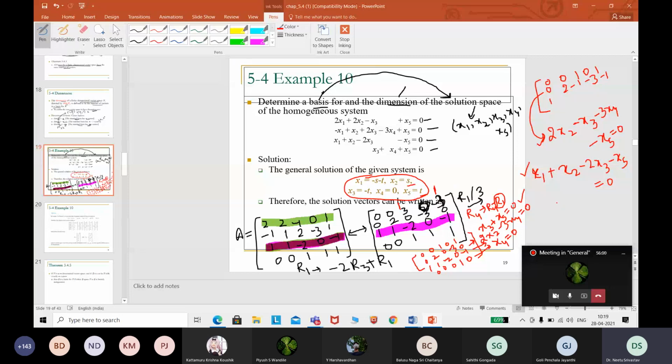You see, if I am taking x5 equal to t, correct? Piyush, the first relation will give that x3 is equal to minus t. x4 you already have as 0. x2 is also coming 0, ma'am.